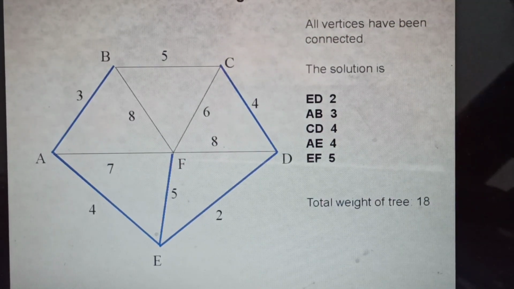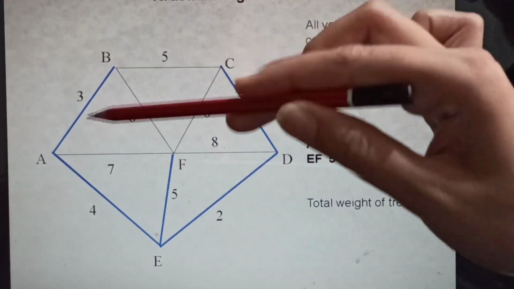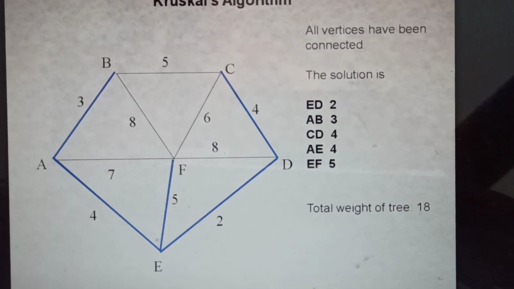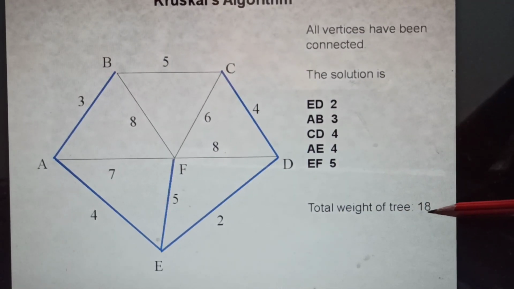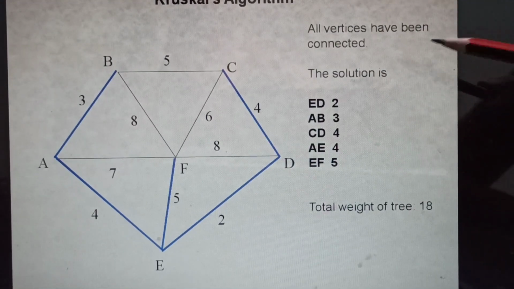So we are not allowed to select any next edge. These edges are sufficient for the minimum spanning tree, and the total weight of the tree is 18. This is the minimum spanning tree weight, and in this way Kruskal's algorithm works.